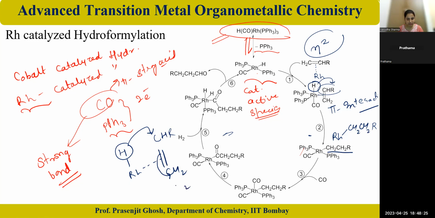When this is CH2 negative, this will attack on your rhodium back. That is why now it is making the CH2CH2R bond. So this Rh-H bond gets cleaved, and the new bond that has been formed is between CH2 and rhodium. That is why it is now CH2CH2R. This is a sigma interaction, which is way stronger compared to the pi.